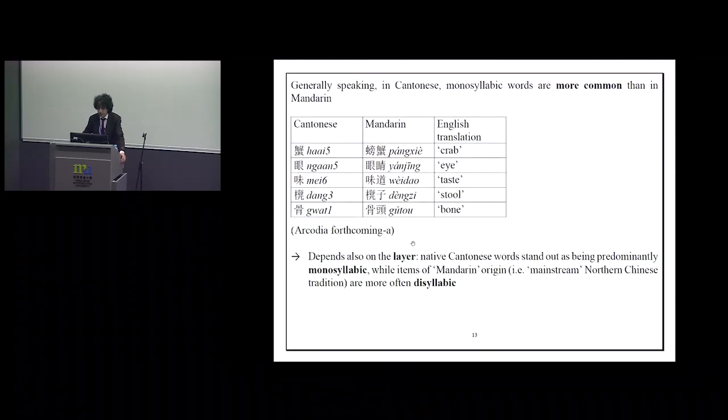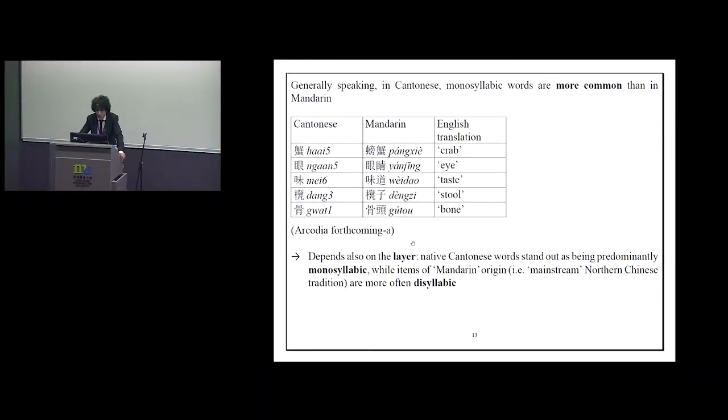And of course, as everybody knows in this room, on the whole, monosyllabic words are more common than in Mandarin. There are many examples of pairs of words in which the Cantonese version, I'm using Cantonese as an example, is monosyllabic and the Mandarin version is disyllabic. This is very well known.